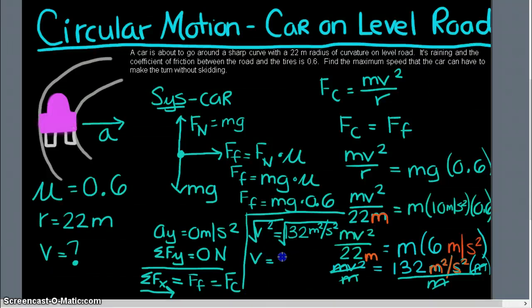It's about 11. And the square root of meters squared per second squared gives you meters per second. So the maximum speed that the car can have and still make this turn without skidding is 11 meters per second.